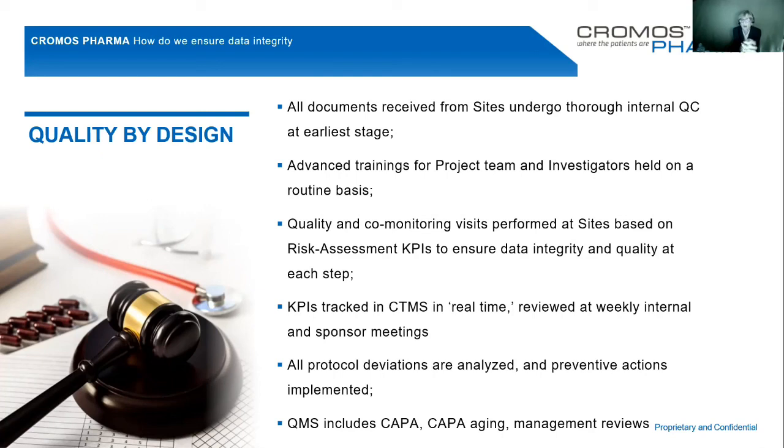And we also have quality meetings quarterly with management that include analysis of CAPA aging, and management reviews of other quality metrics like QC of TMF, which we do throughout the study. And one of the things COVID has actually helped us improve is tracking and analyzing deviations, because as you are probably aware, under COVID we have to separate COVID-related protocol deviations, but we still have to analyze them and categorize them the same way.